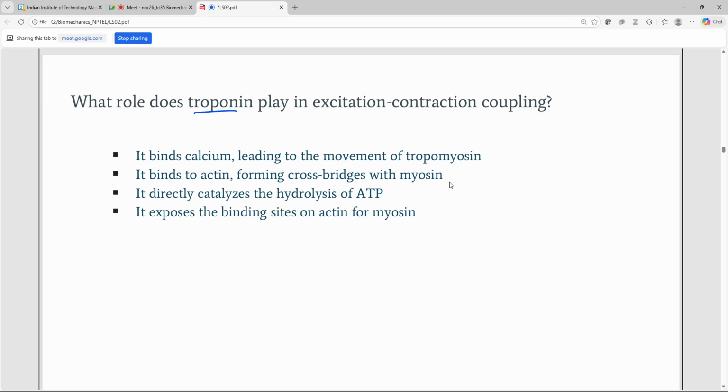This is a little deeper question, directly from excitation contraction coupling. Try to answer the question.